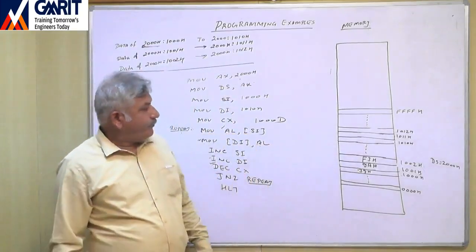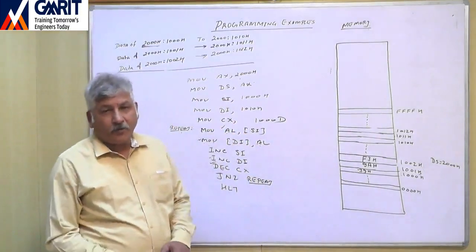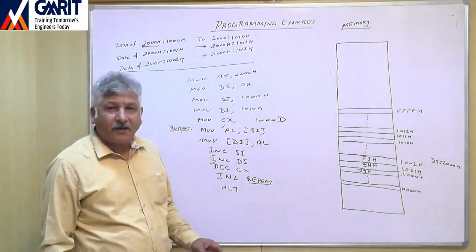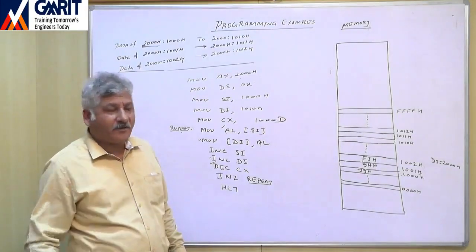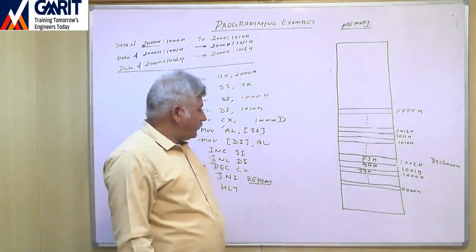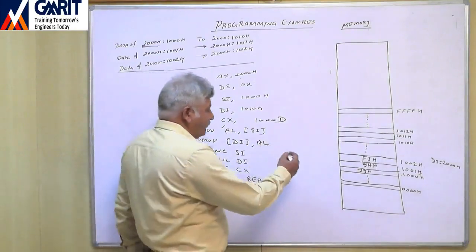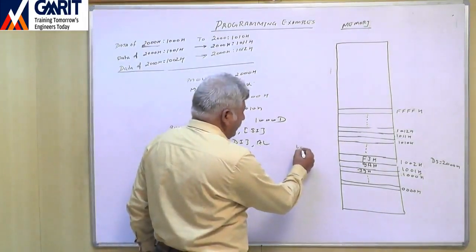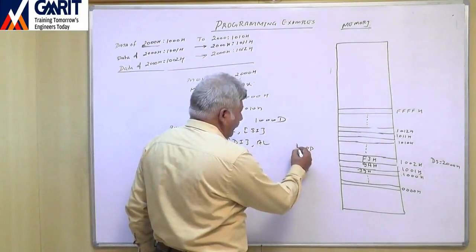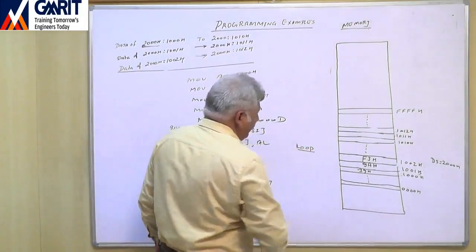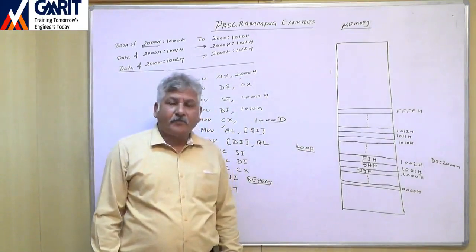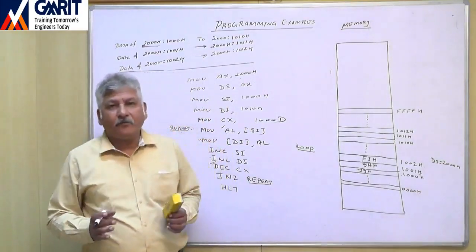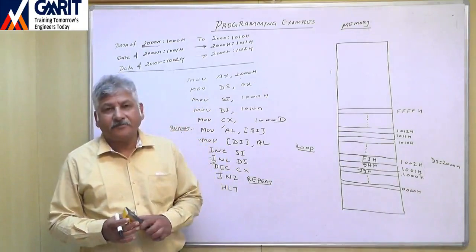Now we will see the same program which we discussed in the last lecture by using a new instruction. There is an instruction, loop. As I already told you, the 8086 processor has a very powerful instruction set.